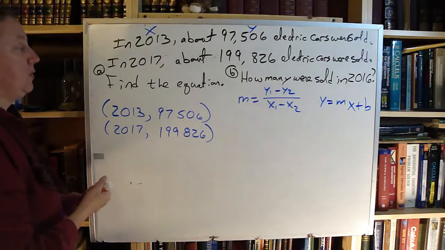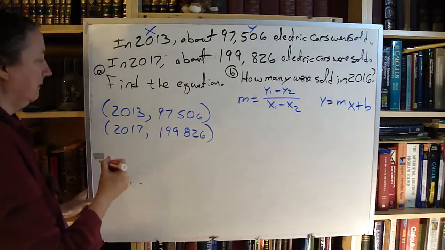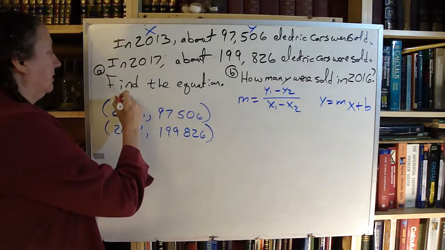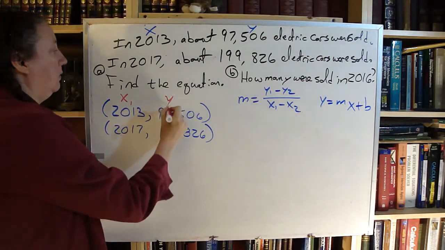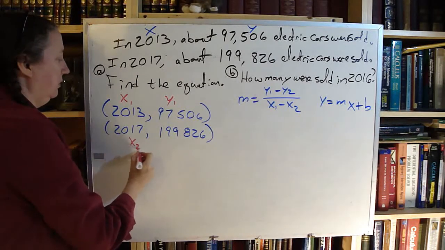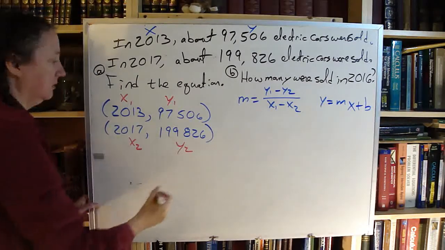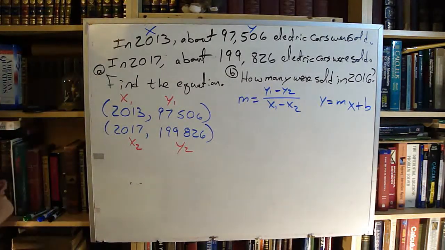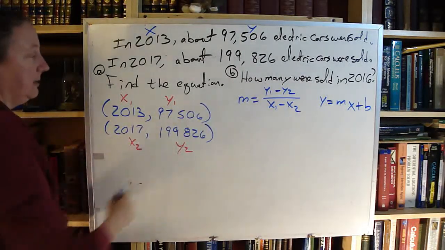So now I label my points, x comma y, first point, second point, x1, y1, x2, y2. Take my points, plug them into my equation.